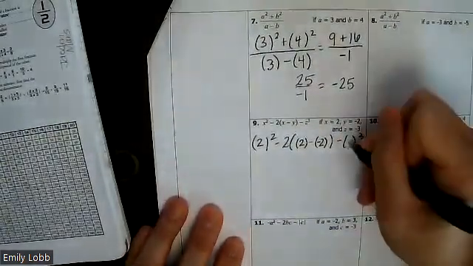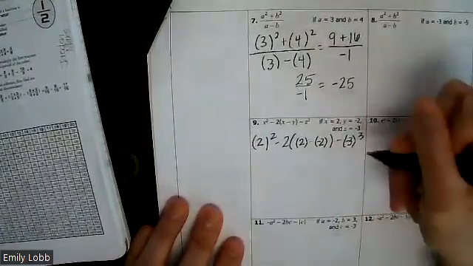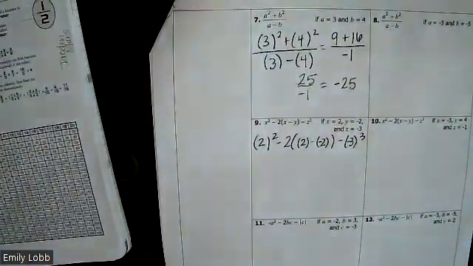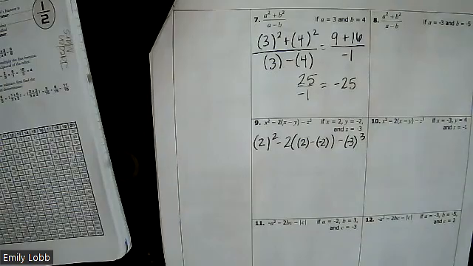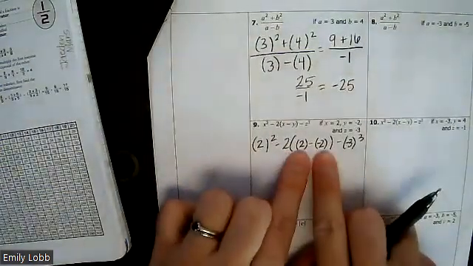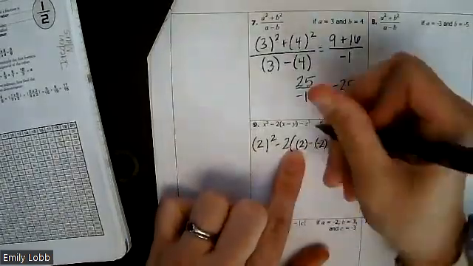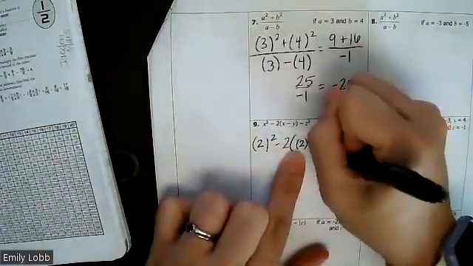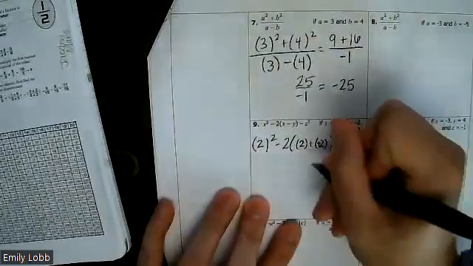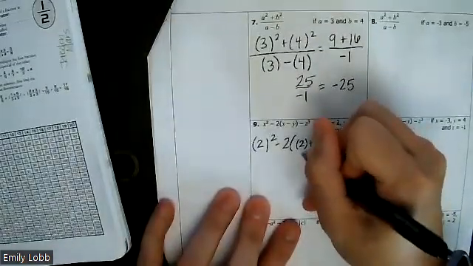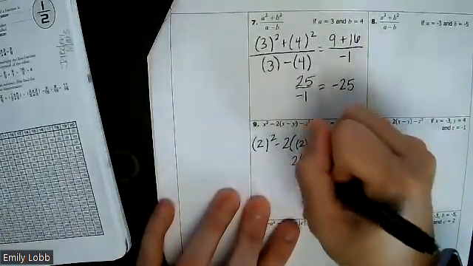In place of my z, I'm putting a negative 3. Oh boy. Inside my parentheses, 2 minus a negative 2. Keep, change. What's 2 plus 2? 4.